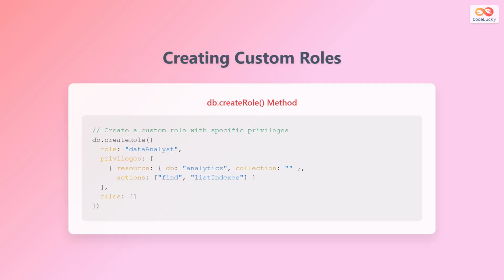For example, db.createRole({role: "dataAnalyst", privileges: [{resource: {db: "analytics", collection: ""}, actions: ["find", "listIndexes"]}], roles: []}). This code creates a role named dataAnalyst with privileges to find and list indexes on the analytics database.